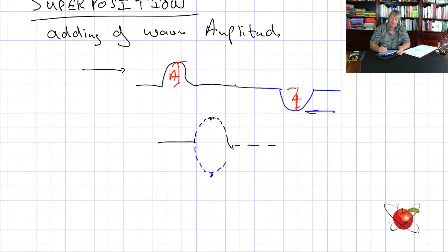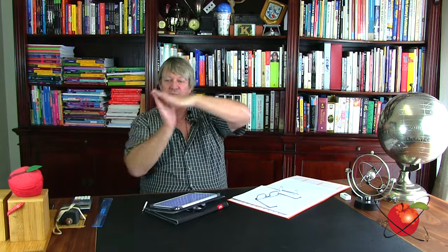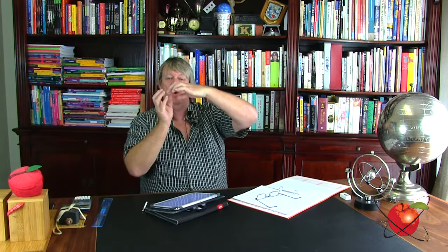The poor particle, all it does is, in effect, it says, nope, I am just going to stay where I am because you and you cancel me out. Let's just look here. The blue here, A, cancels out the black A. Because the A is the same value, it cancels out, right? So the string doesn't move. As the waves pass, it just goes dead, and then the wave goes on after that, right?